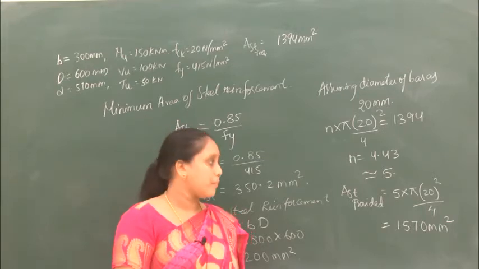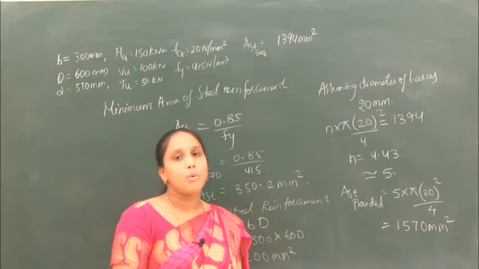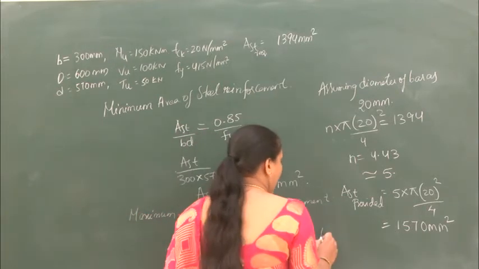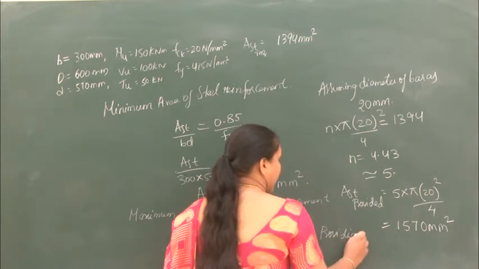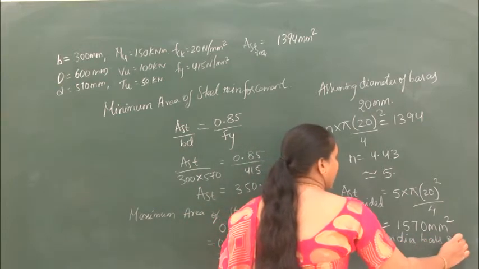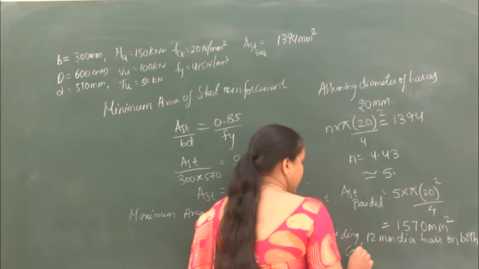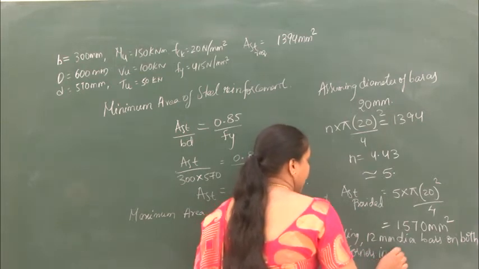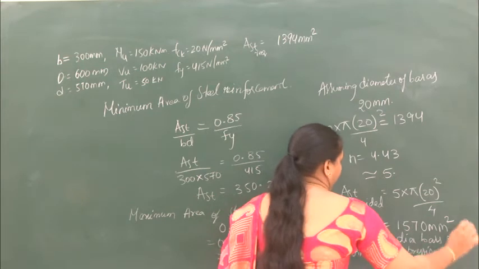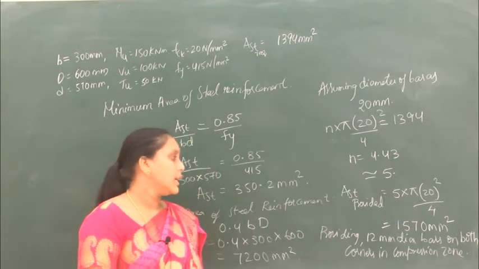So in addition to this, I am providing 12 mm diameter bars on both the corners in the compression zone.